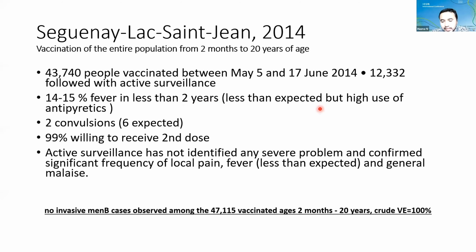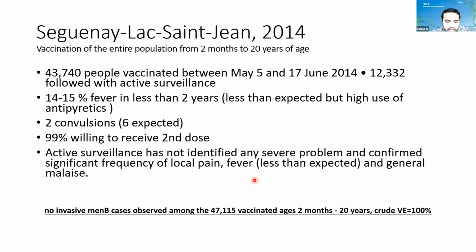Less than expected, but with high use of antipyretics, 2 convulsions, where 6 were expected, and 99% were willing to receive the second dose. The active surveillance did not identify any severe problem and confirmed a significant frequency of local pain, fever less than expected, and general malaise.